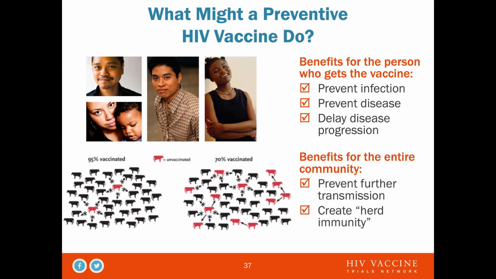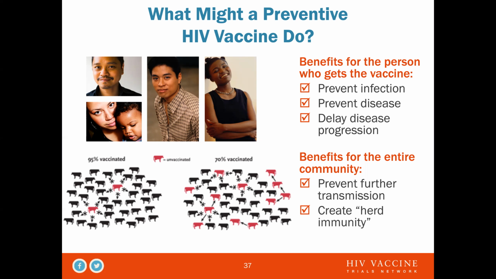This would be the bronze medal approach. And that could still be very important because we know that people with a lower viral load are less likely to transmit infection to others. And they are less likely to have opportunistic infections.